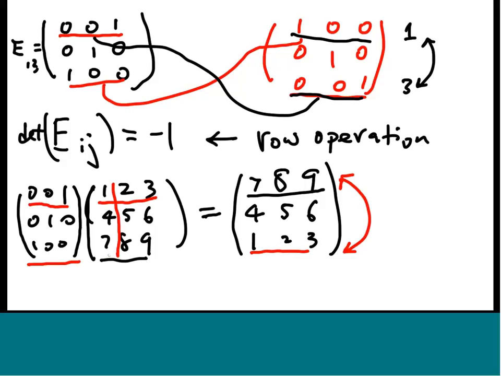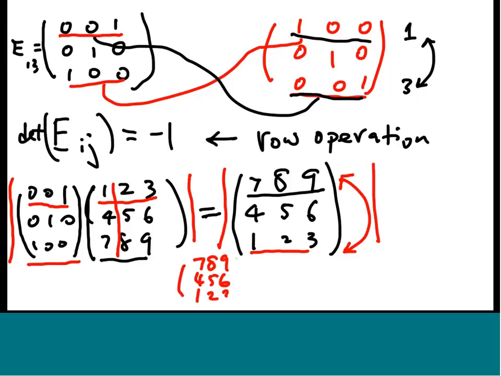Okay, if I take the determinant, now I get 7, 8, 9, 4, 5, 6, and 1, 2, 3.